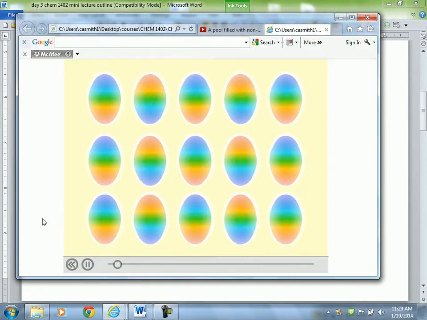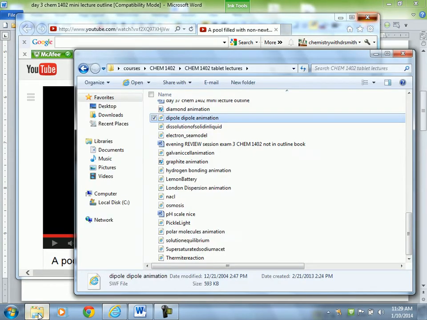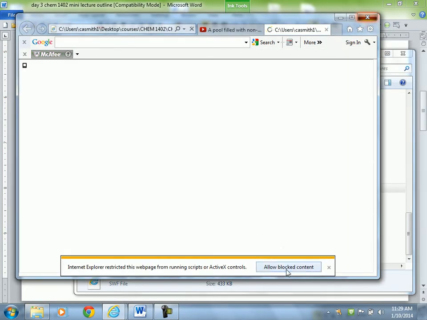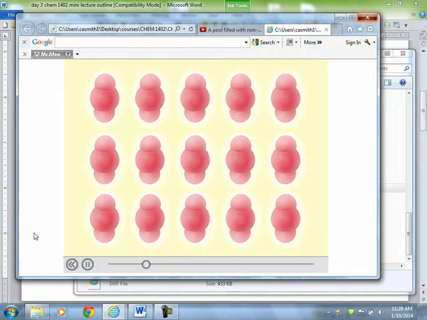In solid carbon dioxide, dry ice, nonpolar molecules are arranged close to one another in a regular array where they move slightly around an average position.